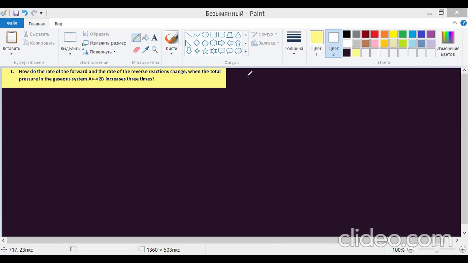First of all, let me rewrite the scheme of this reaction. So 1 mole of A, in dynamic equilibrium, transforms into 2 moles of B, right? The kinetic equation of the forward reaction, A turns into 2B, is this one.